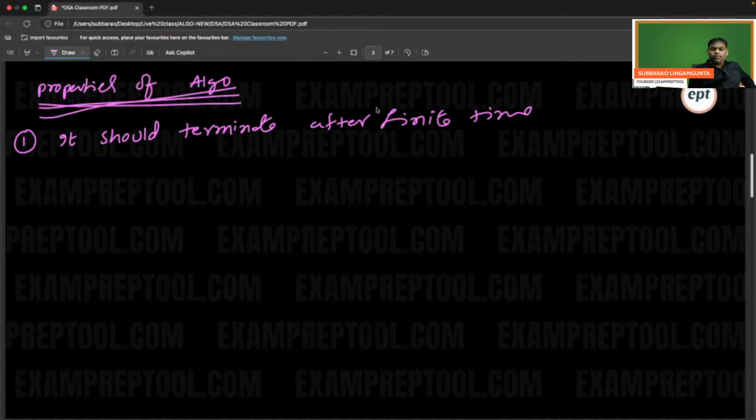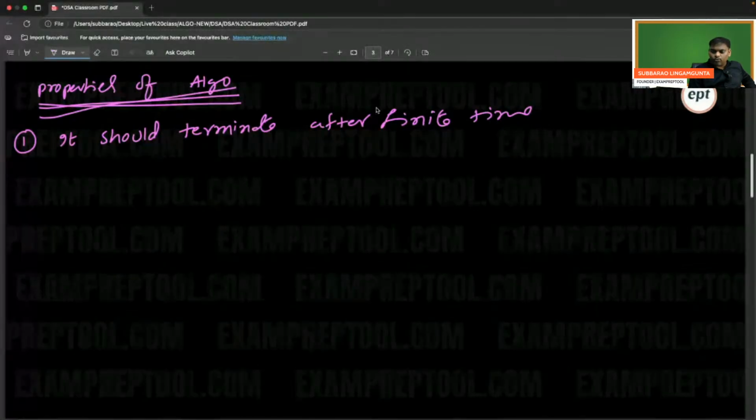That is the first step. If anyone says, sir, I have written the algorithm, with first priority it should terminate after finite time. Suppose you have written something where an infinite loop is going on, it is not an algorithm. Algorithm first property: it should terminate after finite time.